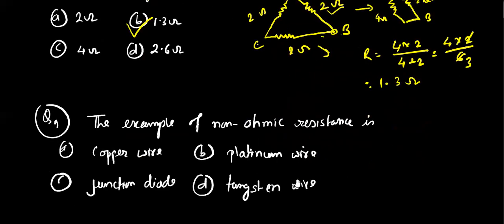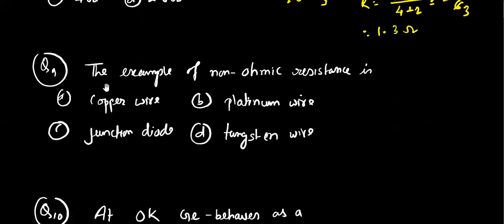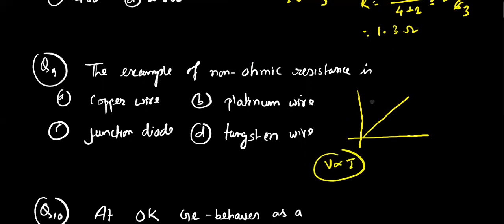Now we are here in question number 9, and question number 9 is related with ohmic and non-ohmic resistance. Before solving this, we have to understand what is ohmic resistance. Those substances which follow this graph, or which follow the relation V is proportional to I, are known as ohmic resistance substances.